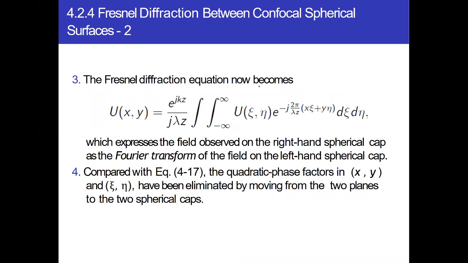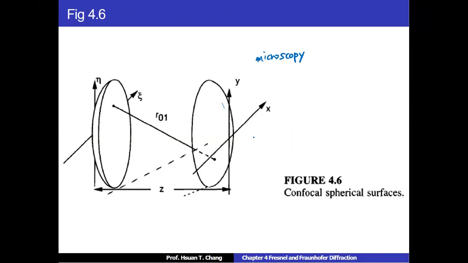And the Fresnel diffraction equation now becomes a Fourier transform of the field. So we'll see later on that what we mean by changing the plane into a spherical plane is that we are using a lens.